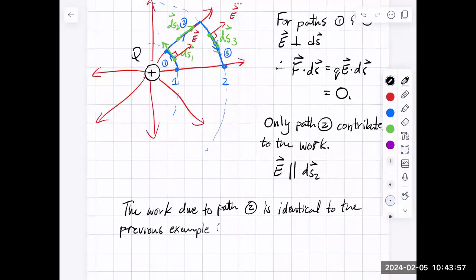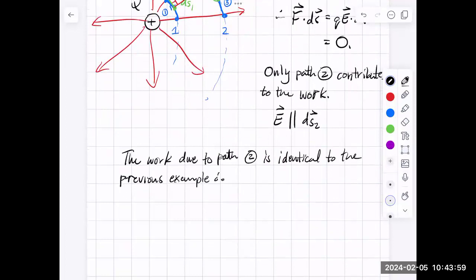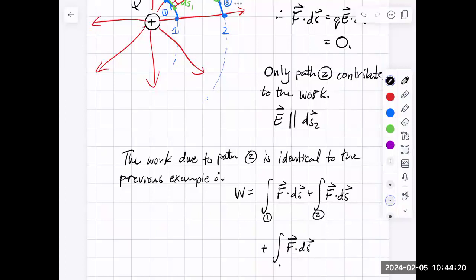So therefore, the work is equal to F dot ds along path 1 plus F dot ds along path 2 plus F dot ds along path 3.